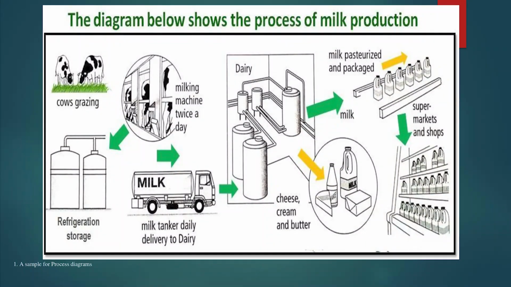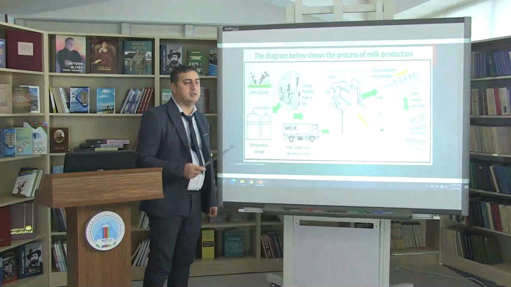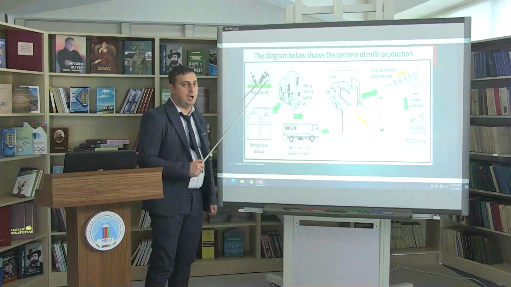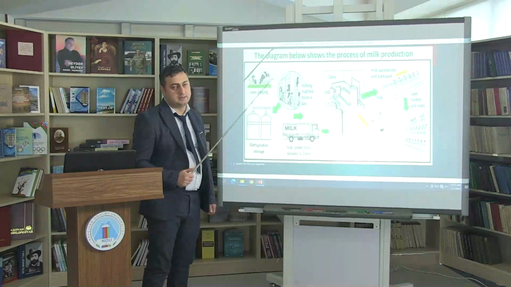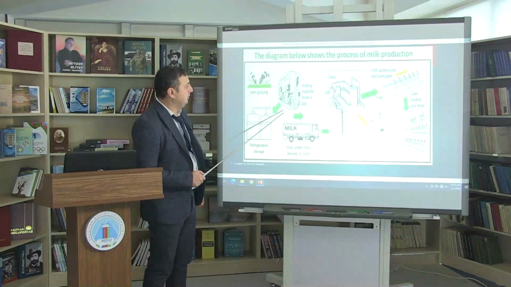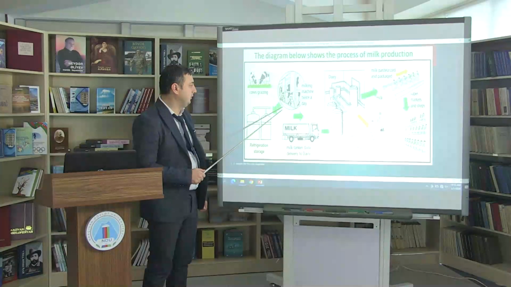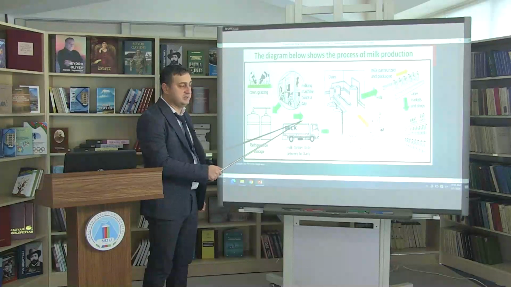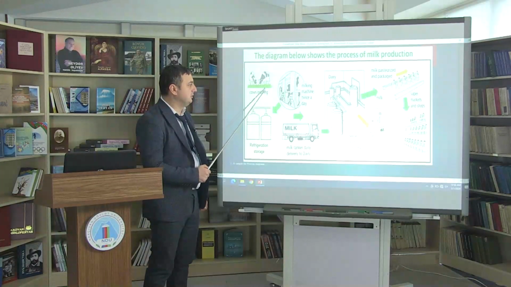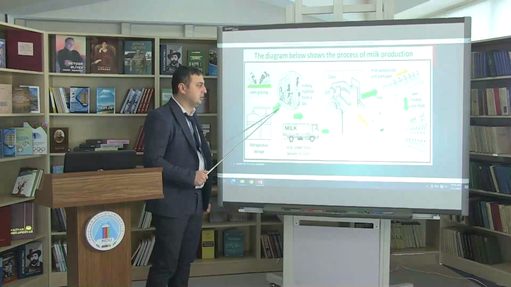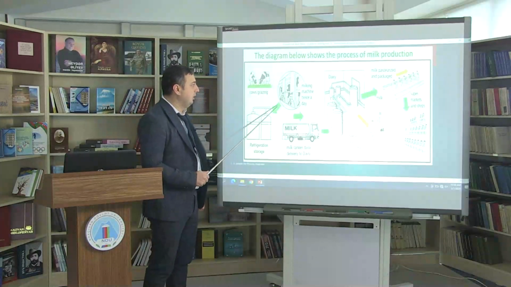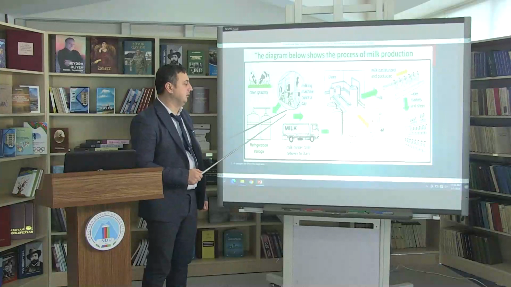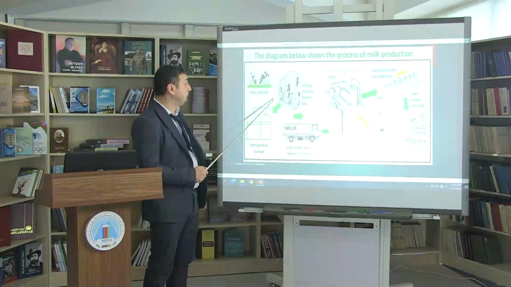First of all, we will start at the cows grazing. As we see from the diagram, cows are grazing on the pasture. Then first of all, we will pay attention to the sign, the arrow, and we will describe according to the direction of the arrow, where to begin and where to end the essay or the process.